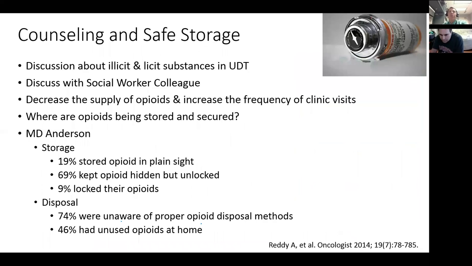Certainly, these patients need to be counseled about safe storage and disposal. A very interesting study, again, done at MD Anderson, showed that 19% of their patients stored their drugs out in plain sight. 69% of them kept the opioid hidden but unlocked, and only 9% locked their opioids.